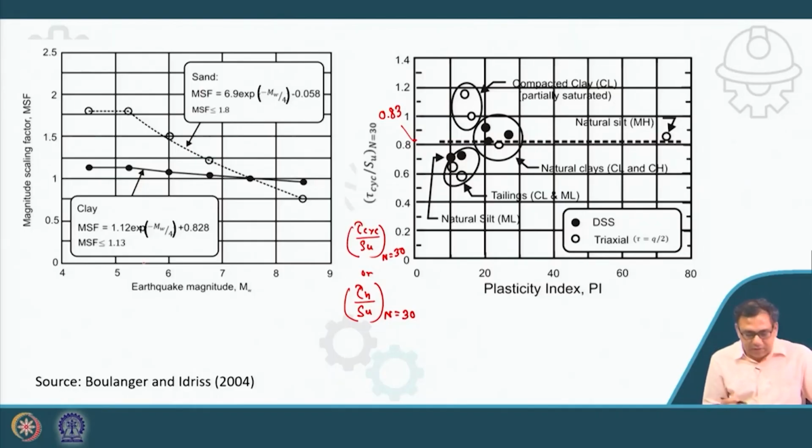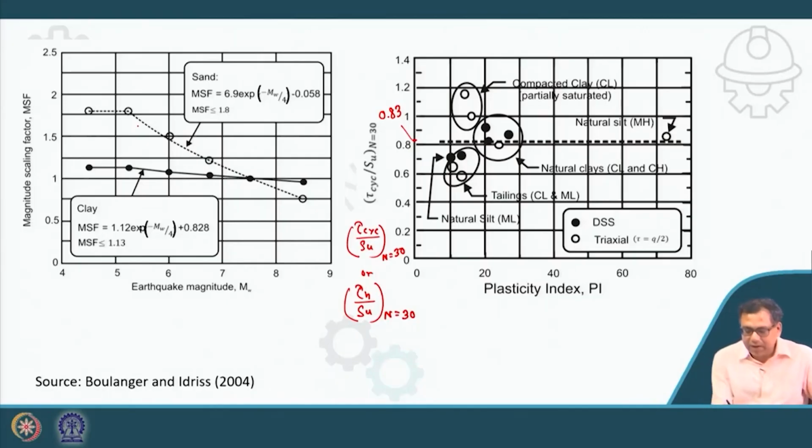Now for MSF, for sand and clay you can see the difference. For sand the magnitude scaling factor is higher compared to clay. You can see the firm line is for clay and the dotted line is for sand. The dotted line is higher than the clay line if the earthquake magnitude is less than 7.5.